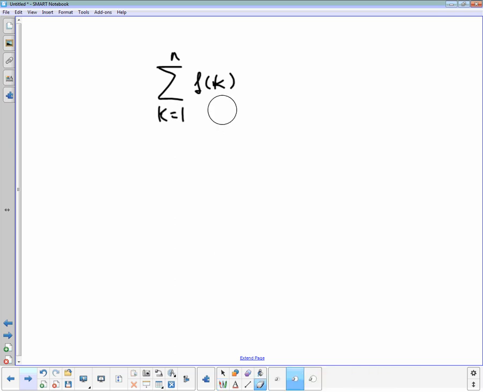So I have something in there, a of k. I mean, it could be k squared plus 7, or k divided by 5 to the k, or whatever it is. It doesn't matter.